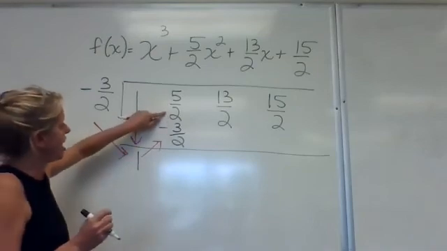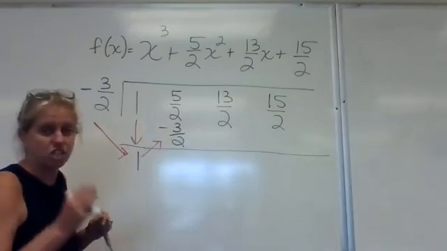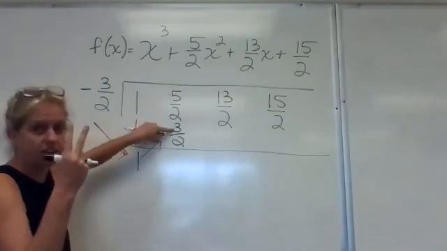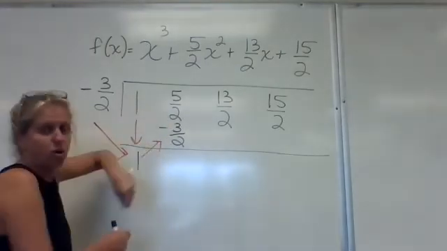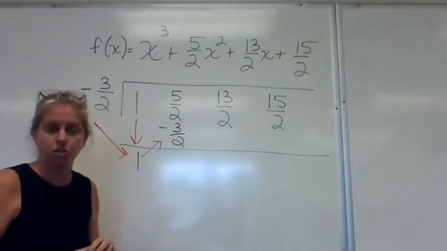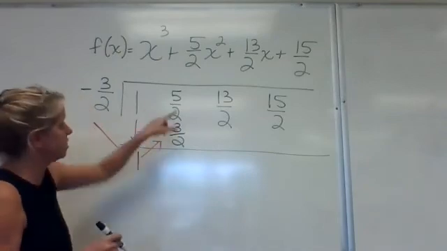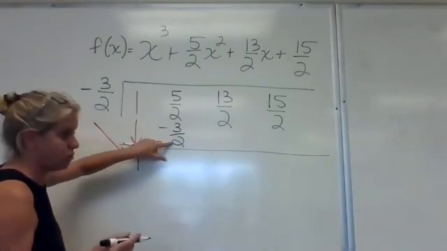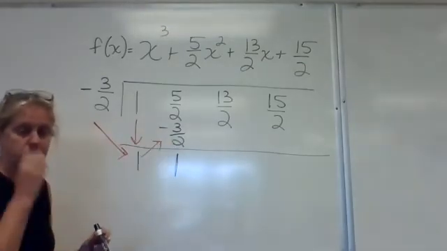If I have 5 halves minus 3 halves, how many halves do you have? You've got 2 halves, right? Because 5 minus 3 gives me 2. It's going to be over 2. But what is 2 over 2? That's just the same thing as saying 1, right? So 5 halves minus 3 halves gave me 2 over 2, but 2 over 2 is 1.